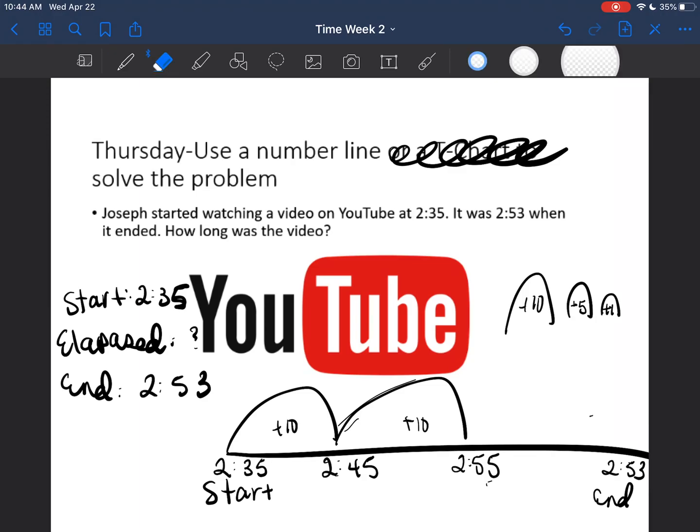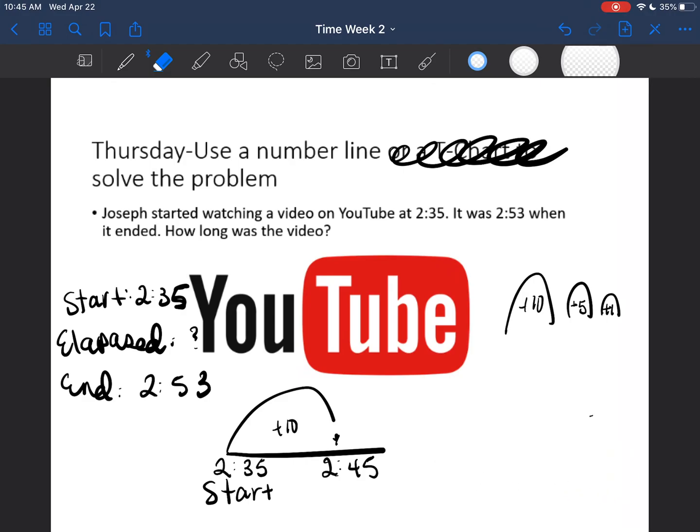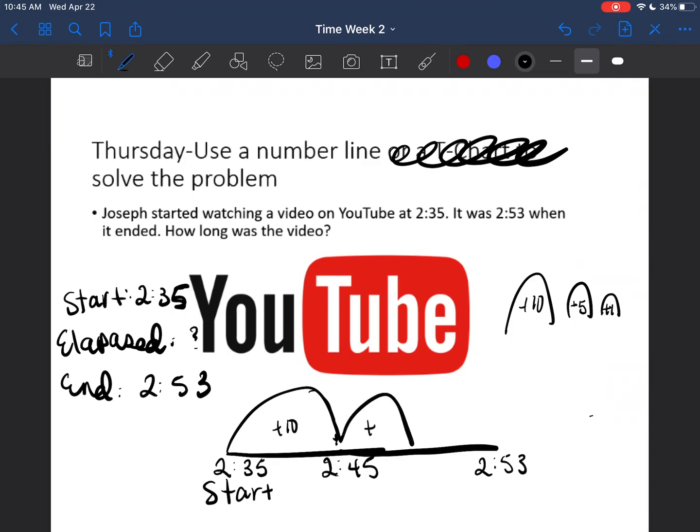2:53. So what I'm going to do is erase my time and go here. So 2:45, and I want to end at 2:53. So we know that 10 minutes was too big, so I'm going to make a jump of 5. 2:45 plus 5 is 2:50, 2:51, 2:52, 2:53.